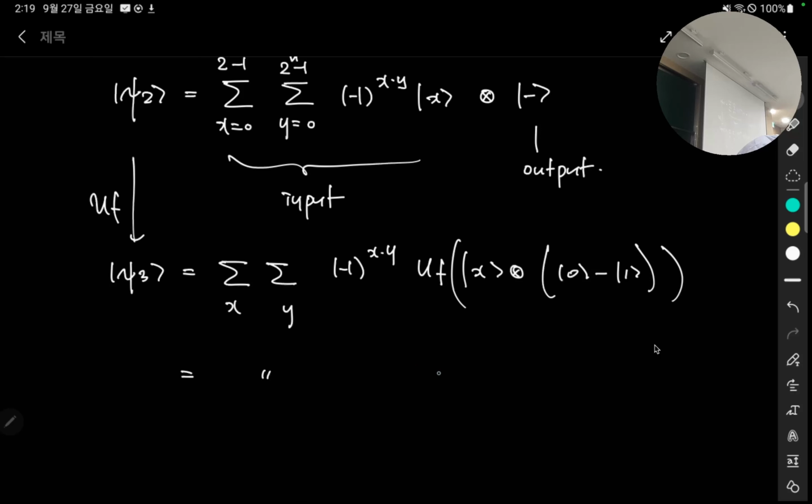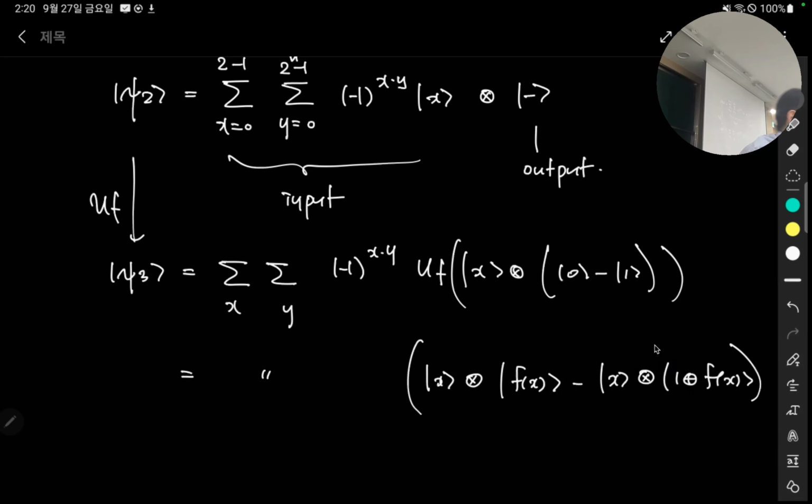So when you do this, it's x tensor f of x and x tensor 1 plus f of x. So no matter what f of x is, if you combine together, it's 0 minus 1 or 1 minus 0.